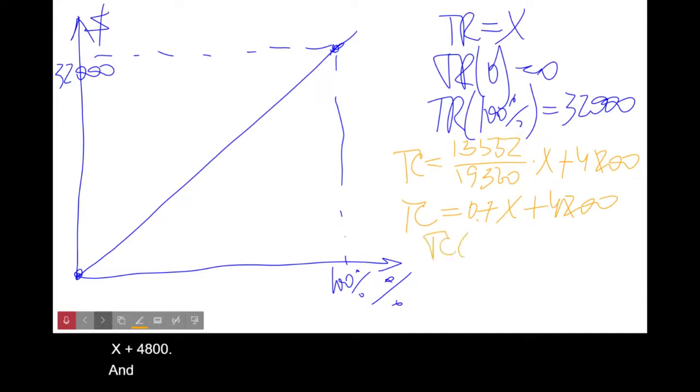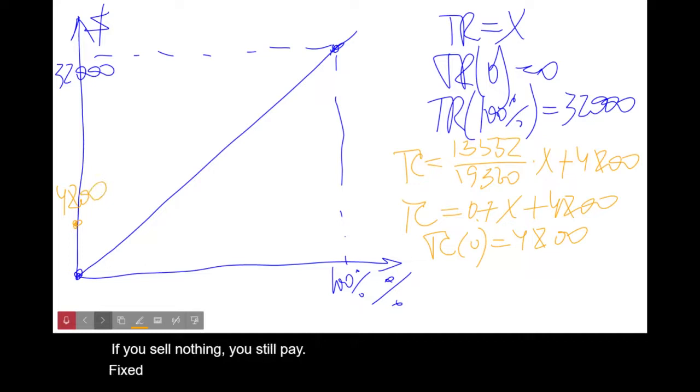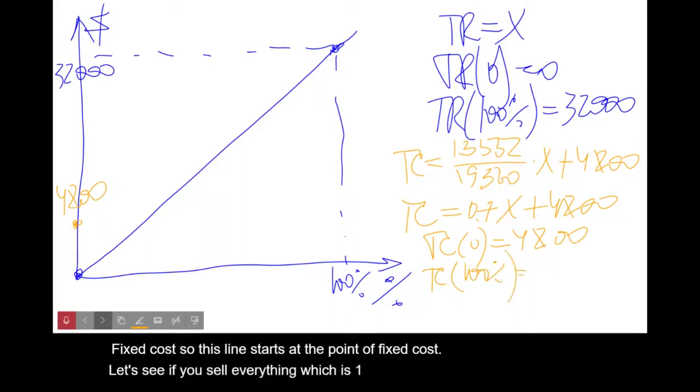And here we go, same points, 0. And again, this rule stays unchanged: if you sell nothing, you still pay fixed cost. So this line starts at the point of fixed cost. Let's see if you sell everything, which is 100%.